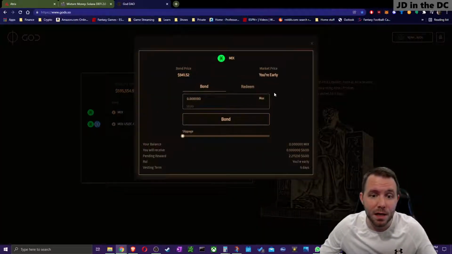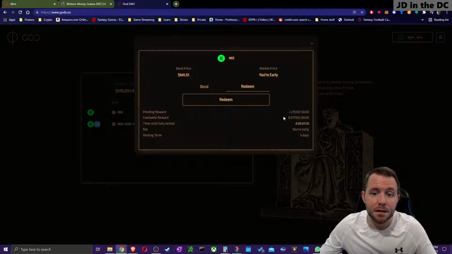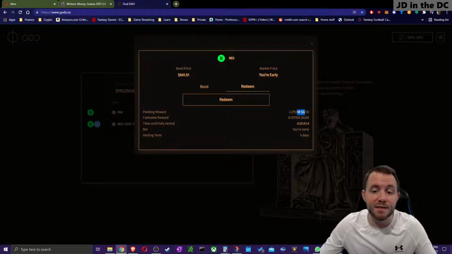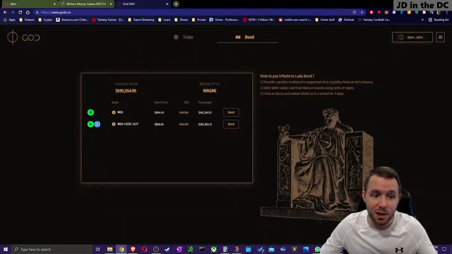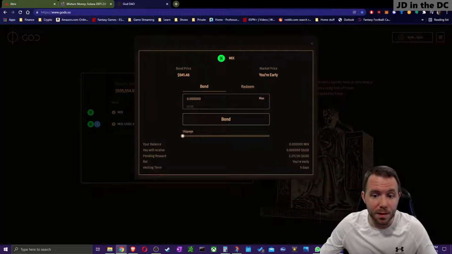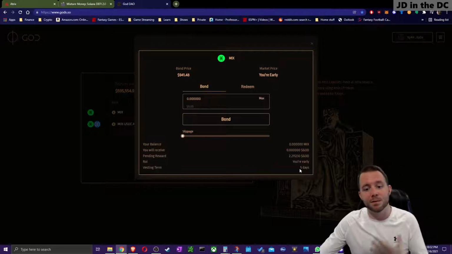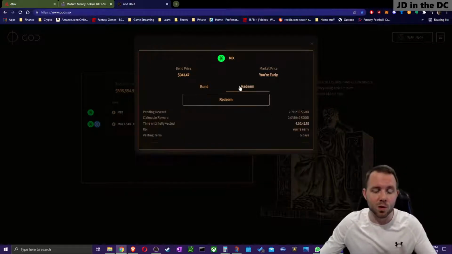When I bonded, I'm getting God tokens over the course of 5 days, and they're giving them to me at a discount, at that $500 when I initially did this. The God token has shot up. It's almost $1,000 by now, but it's locked in over 5 days, and they give you these rewards over time.